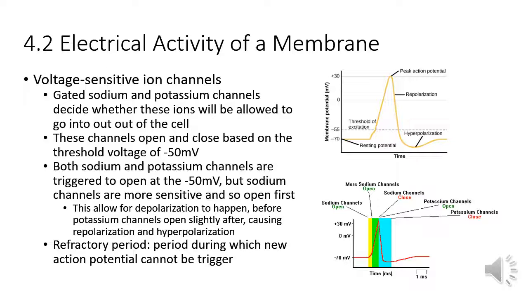When the membrane potential hits about positive 30, the potassium channels have opened and potassium is rushing out of the cell, and that causes the dip down to repolarization, with the slight overcompensation of hyperpolarization.